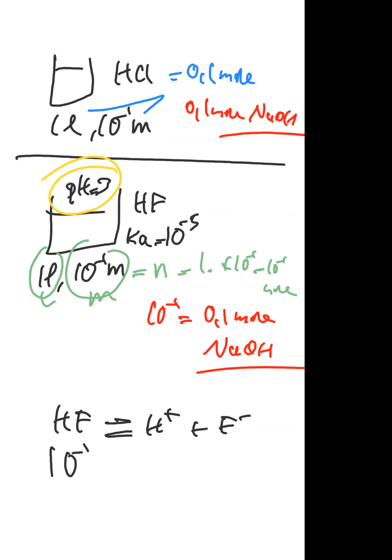This is obvious. We have 10 to minus 1 molar of HF, and we also have 10 to minus 3 molar of hydrogen plus. But neutralizing only that much hydrogen plus does not finish the neutralization job.